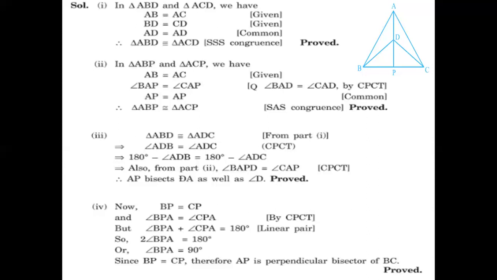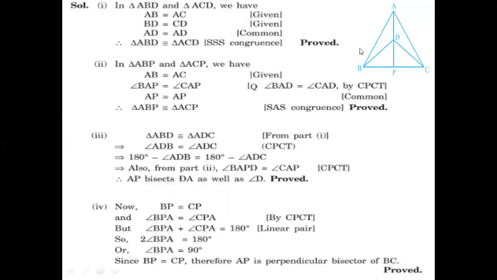What I'm going to do is subtract these angles from 180 degrees. So 180 minus angle ADB is equal to 180 minus angle ADC. Also from part 2, we can see that angle BAP is equal to angle CAP. Again, CPCT. Now, with this, I can conclude that AP bisects angle A as well as angle D.